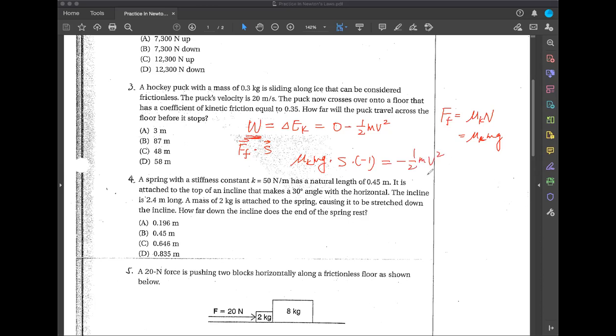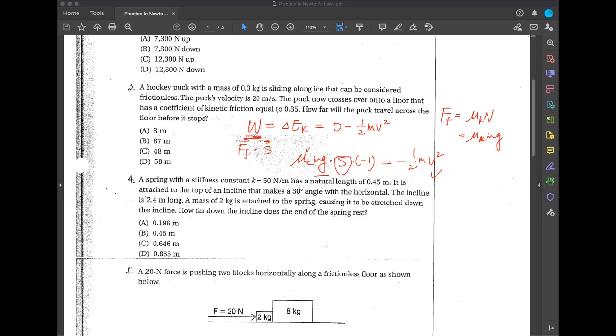So in this part we know the mass, and we know the initial velocity. Mu k is given, and mg is known, so we can figure out the distance s. Okay? That makes sense?